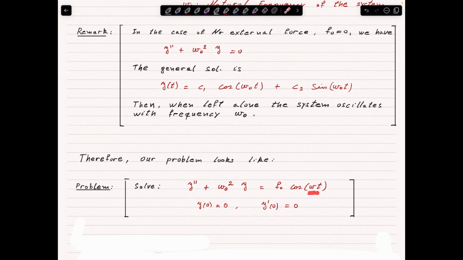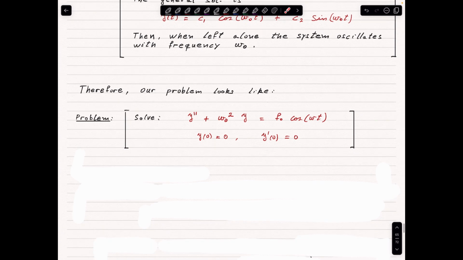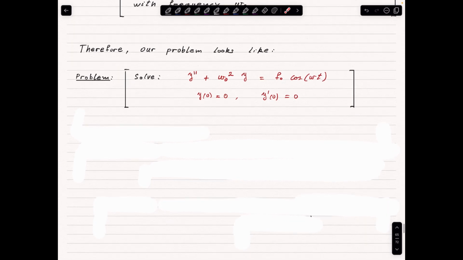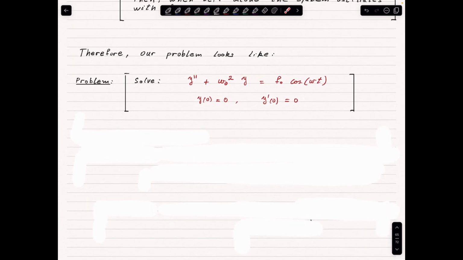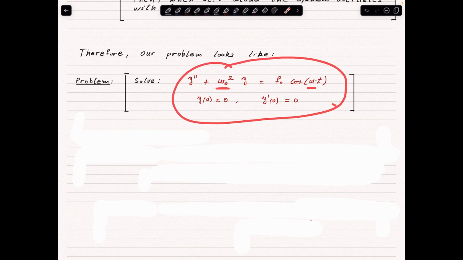This is called the driving frequency, this is the natural frequency, and we want to study the effect of the force, so zero initial conditions. Now we have two parameters in our problem, the natural frequency and the driving frequency. It turns out that the solution depends a lot on what values for the driving frequency we choose.